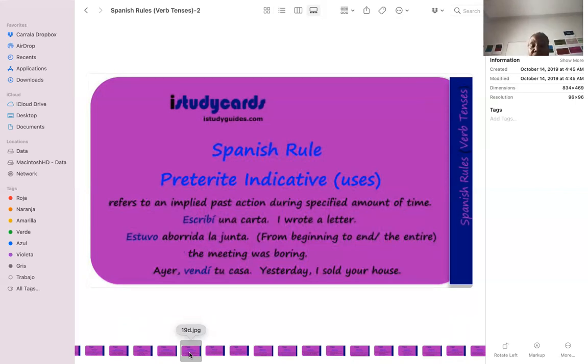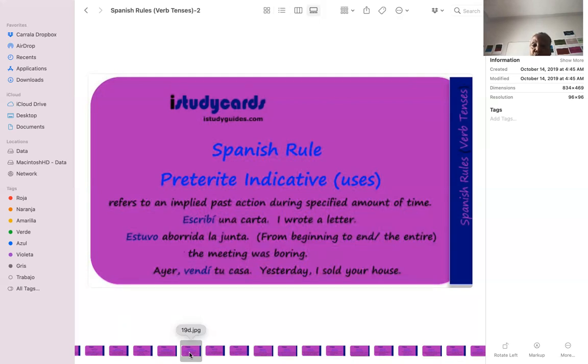You can say that in Spanish too. You don't have to, you can put the subject at the beginning of the sentence or at the end. But what it says is, from the beginning to the end, the meeting was boring, and it did end. Ayer vendí tu casa.